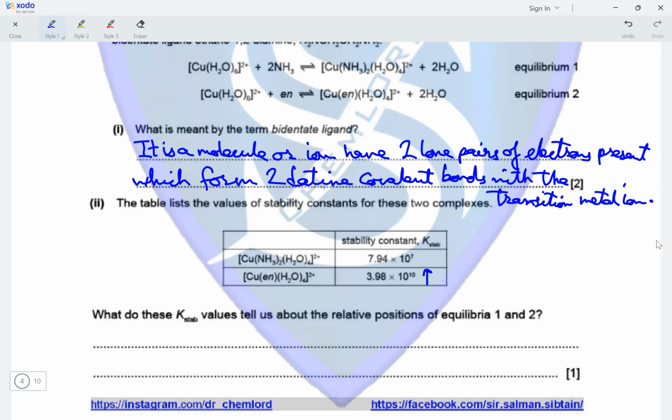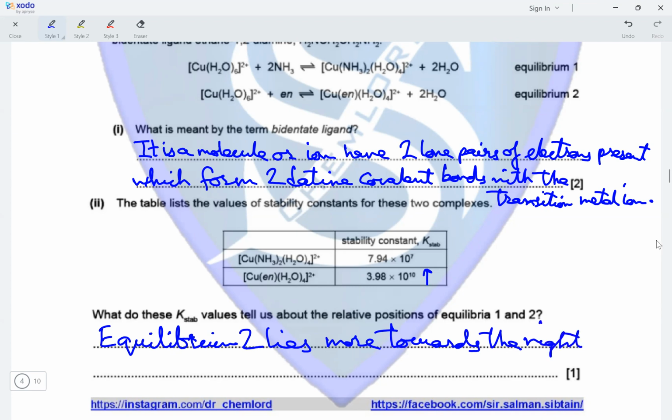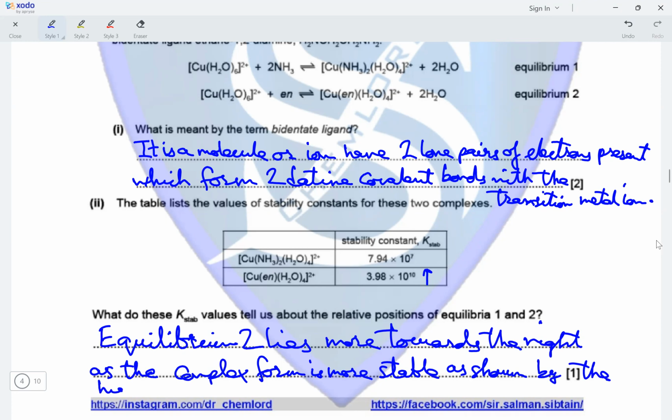So, since the value for equilibrium 2 is higher, it tells us that equilibrium 2 lies more towards the right, as the complex formed is more stable, as shown by the higher Kstab value.